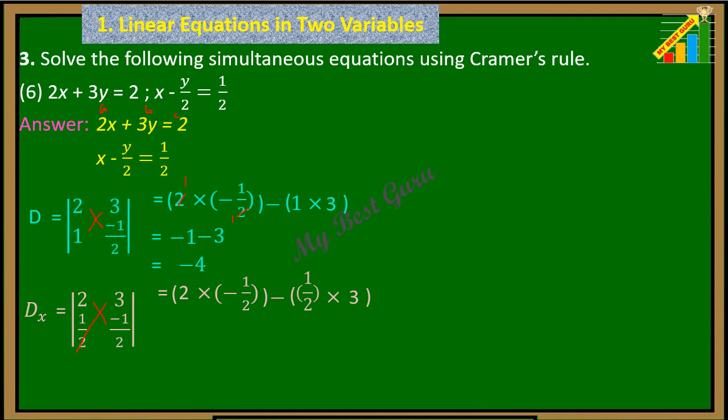So again 2 ones are 2, 2 ones are 2 from here. So it is minus 1, and for the next one minus 1 by 2 multiplied with 3 is 3 by 2. So minus 1 and minus 3 by 2.